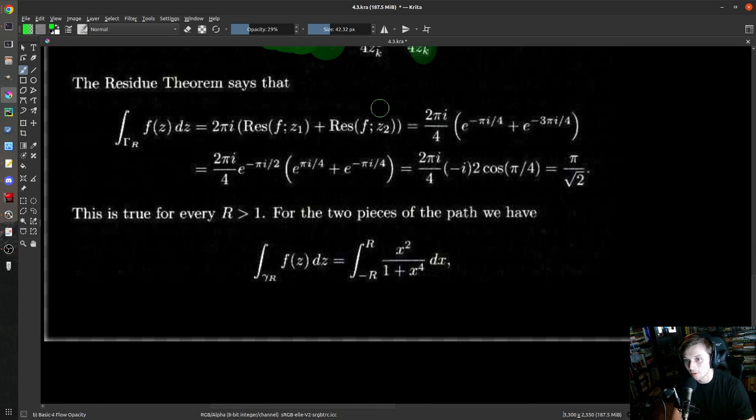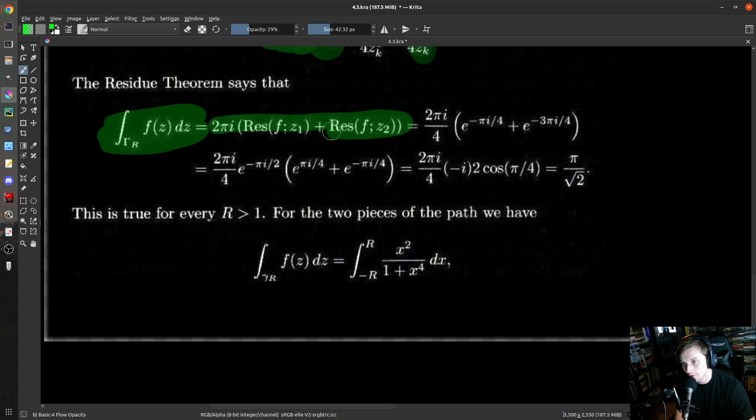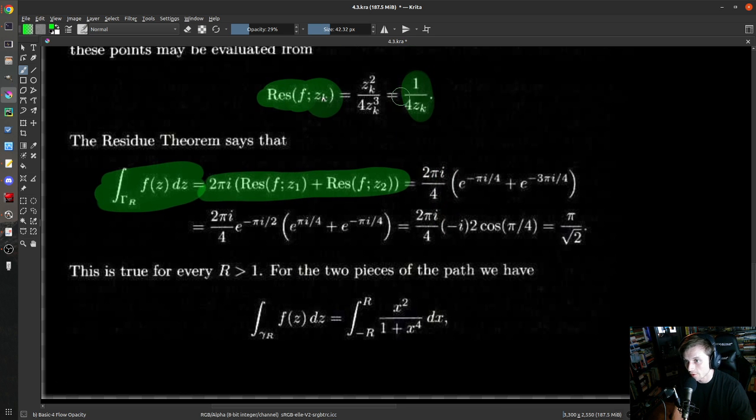Now, the residue theorem tells us that the integral of f about big gamma, this closed curve, is 2 pi i times the sum of those residues. We could also use the other residues, and you can double check that you get the same thing, but I promise you do. So you get 2 pi i, and since we have that 4, we might as well pull it out. So I get 1/2 pi i times the sum of e to the minus pi i over 4 plus e to the minus 3 pi i over 4.